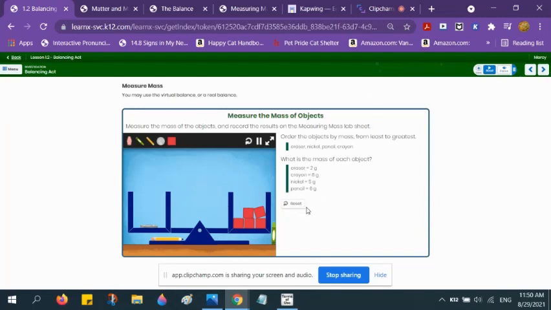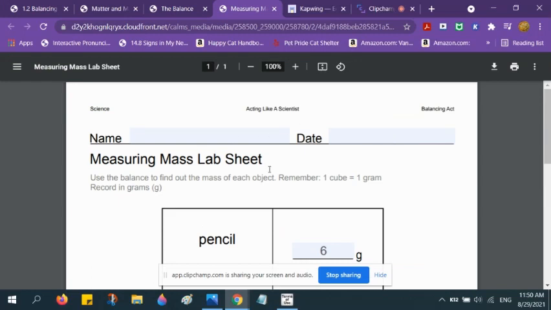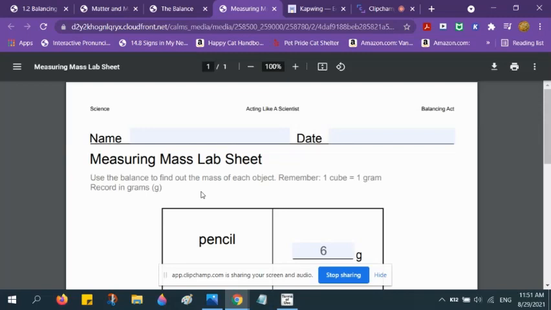Okay. So that was our measure the mass of objects lab experiment. We just completed the measuring mass lab sheet, and we also demonstrated how to complete it. And now it's your turn to complete the lab activity on your own.